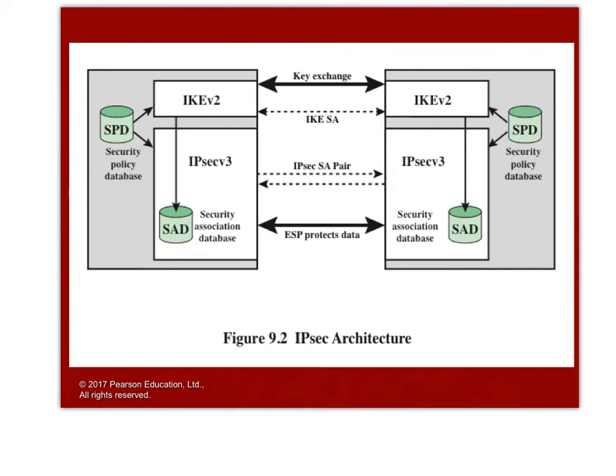This security association database contains the details of that security association, which means that this traffic will have to use, for example, RSA for encryption, HMAC for message authentication codes, and it has to use these particular keys and so on. So all the specification for the tunnel will be stored in that security association database, and we'll talk about all the fields in this security association in a minute. Okay?